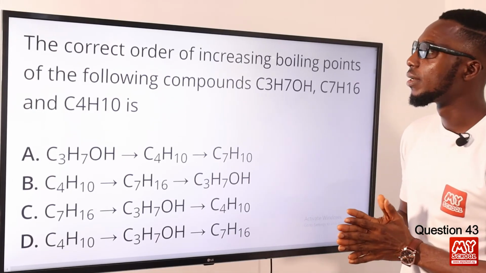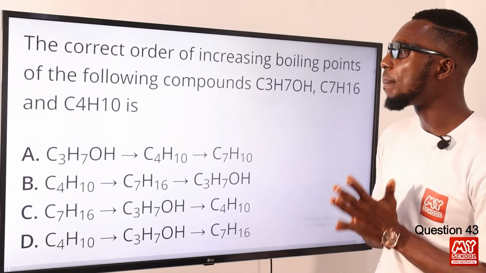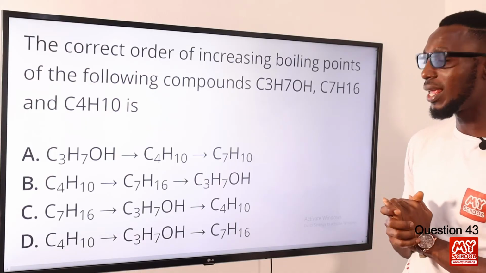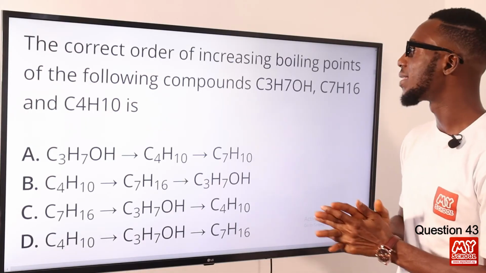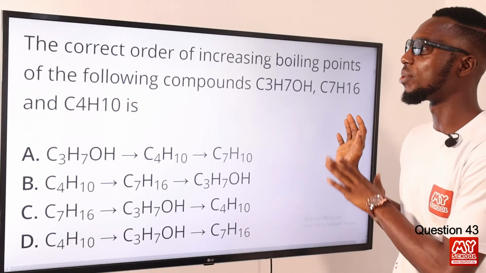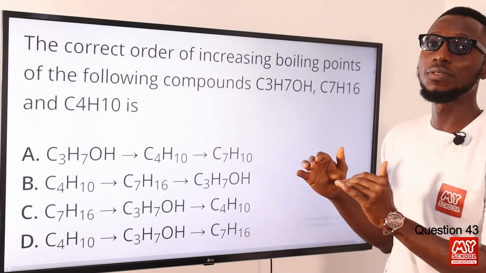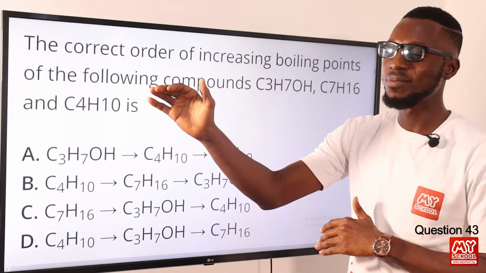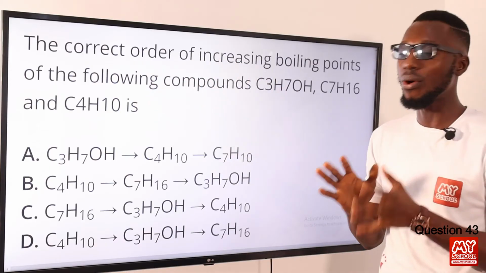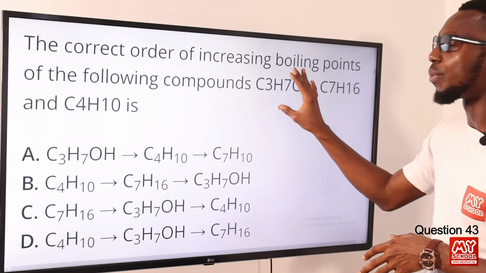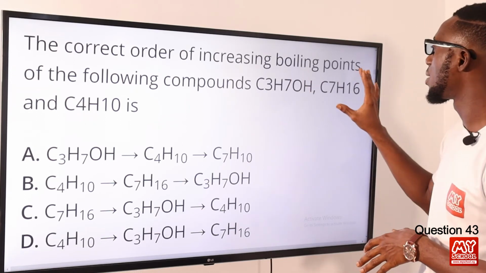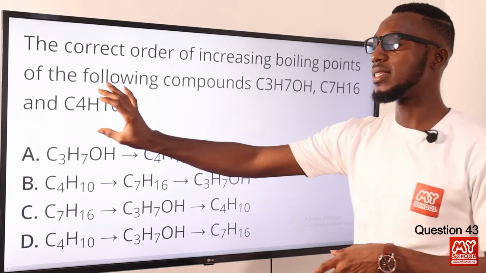Question 43. The correct order of increasing boiling point of the following compounds is what? When you look at increasing boiling point, we are talking about from the lowest to the highest. So first, let's identify these compounds. This is propanol, this is heptane, and this is butane.